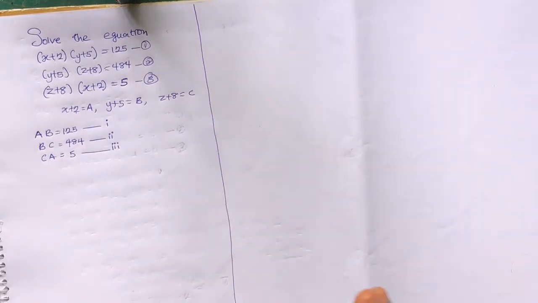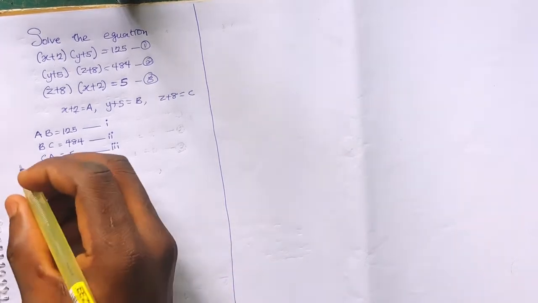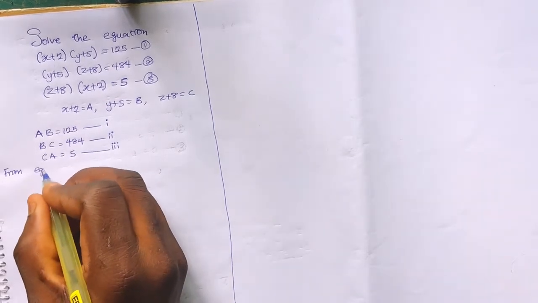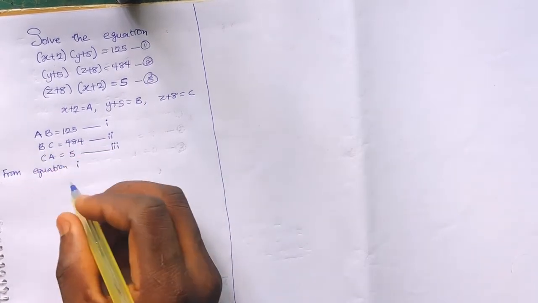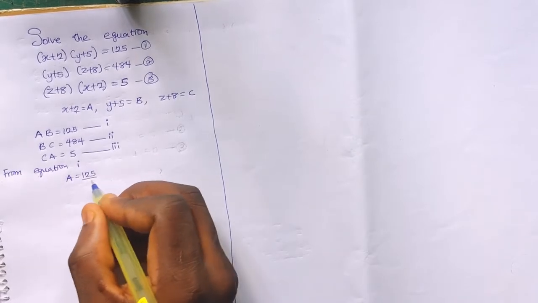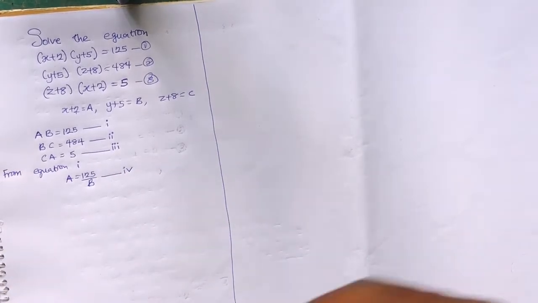Now, what can I do here? It's actually simple. From equation 1, let me make a formula: a equals 125 over b. Let me call this equation 1B.